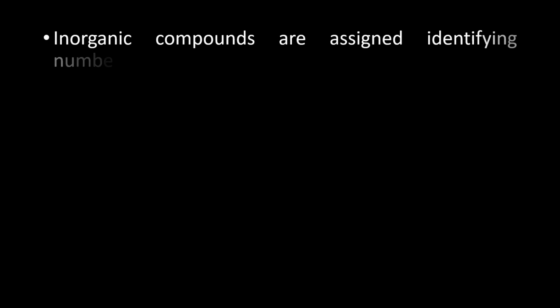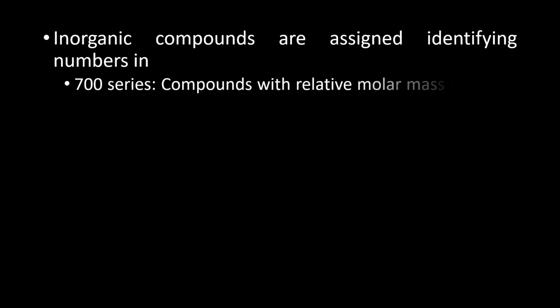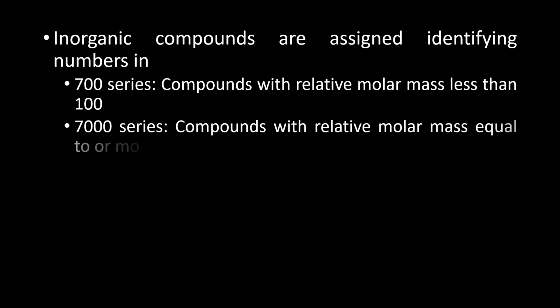Last but not the least, we have the inorganic compounds. Inorganic compounds are assigned identifying numbers in 700 series when the refrigerant has a relative molar mass less than 100, and in the 7000 series when the given refrigerant has a relative molar mass equal to or more than 100.